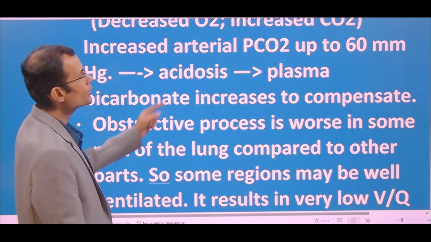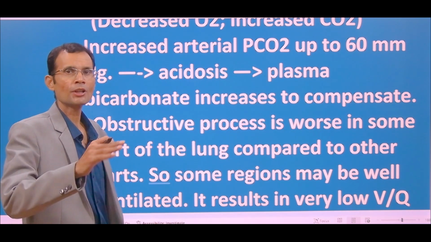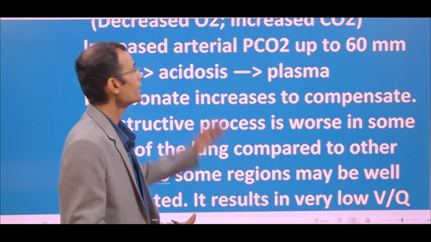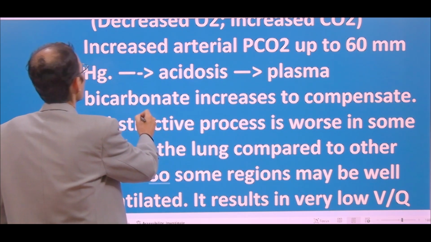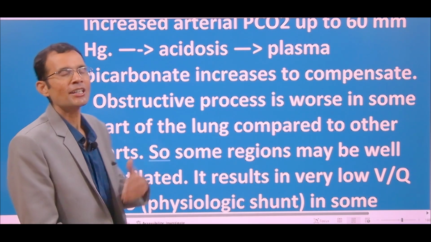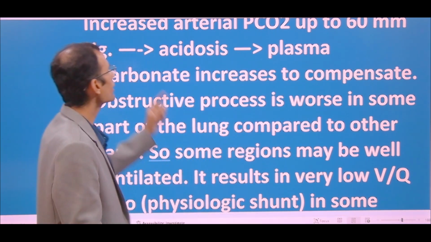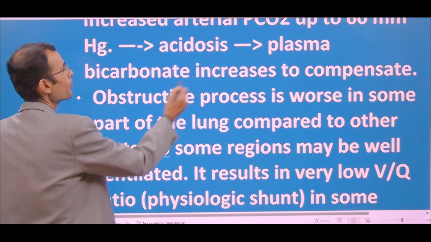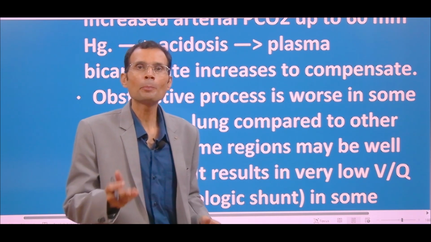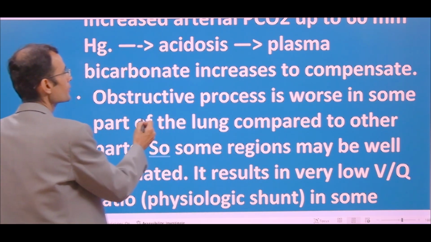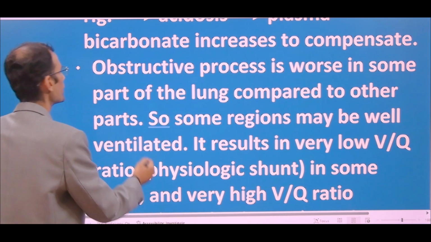Arterial PCO2 increases up to 60 mm of Hg, from the normal range of 45 to 46 mm of Hg. And you know CO2 means H plus. So CO2 rise means H plus rise. This will result in acidosis. Now to compensate for that, the plasma bicarbonate will also increase. So there is respiratory acidosis, and to compensate for that, increased bicarbonate.